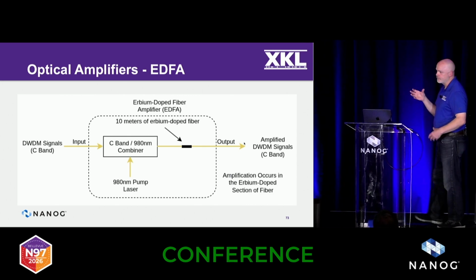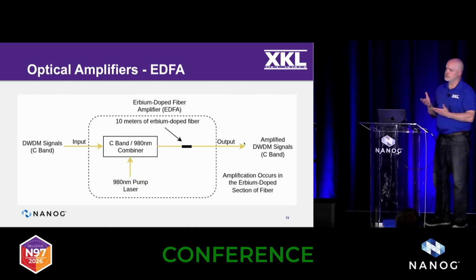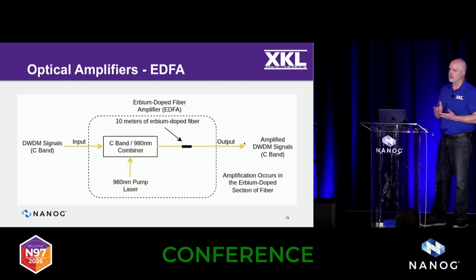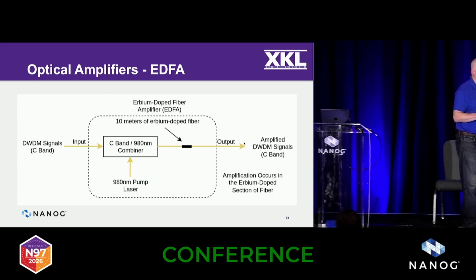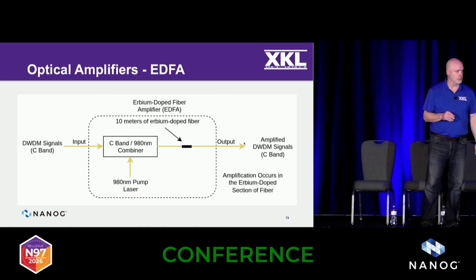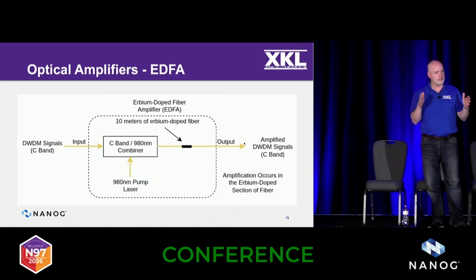So the energy from that 980 pump is going to transfer into your DWDM signals, right there. And then coming out the output there, then is your amplified C-band signals. I listed C-band here because most EDFAs, well, all erbium-doped EDFAs operate in the C-band only.